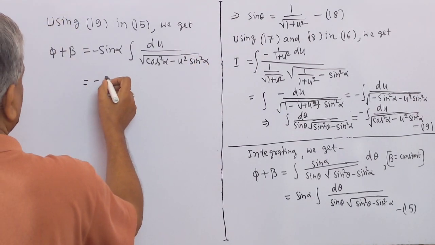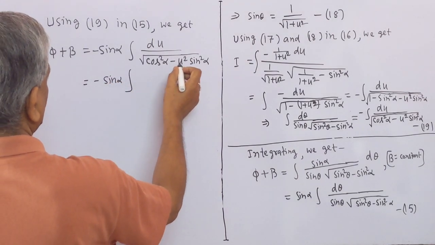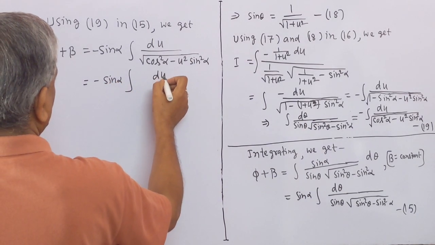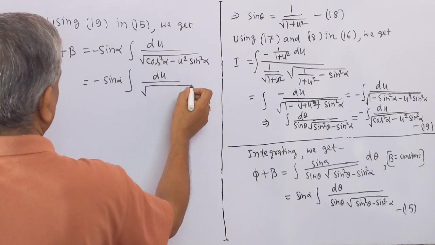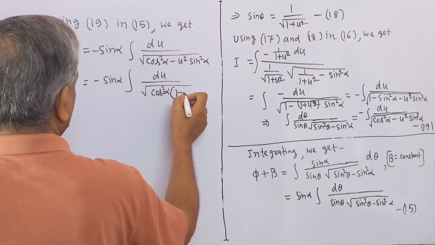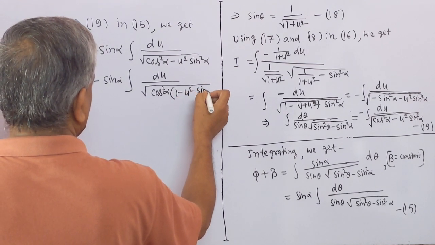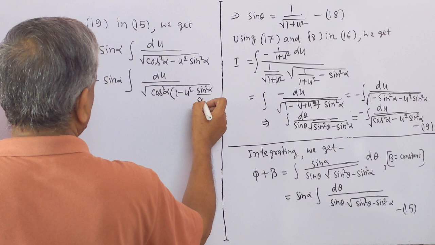This is equal to minus sin alpha integration. Here we take cos square alpha common, 1 minus u square sin square alpha by cos square alpha.